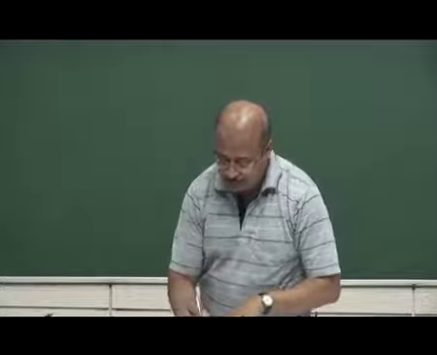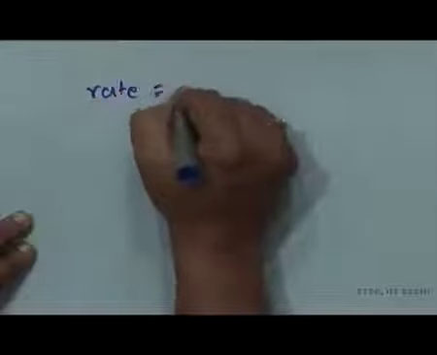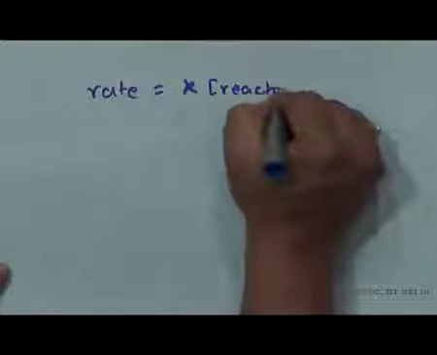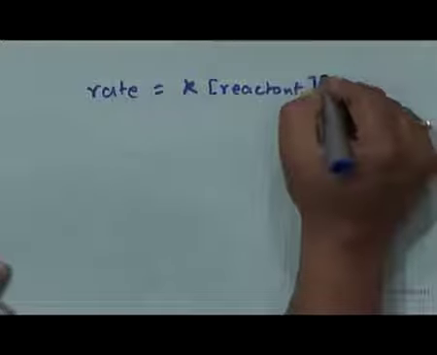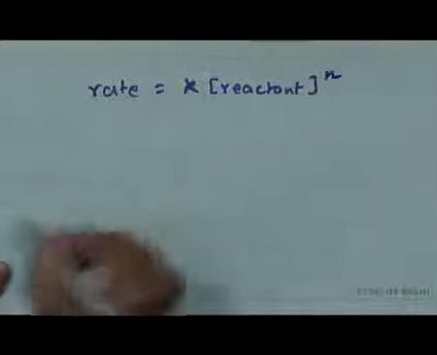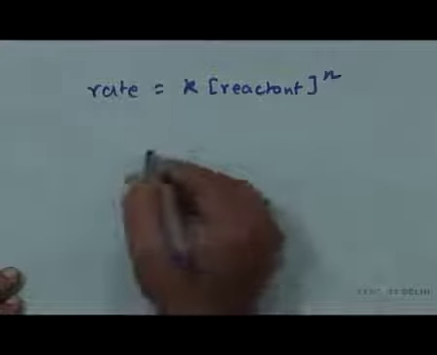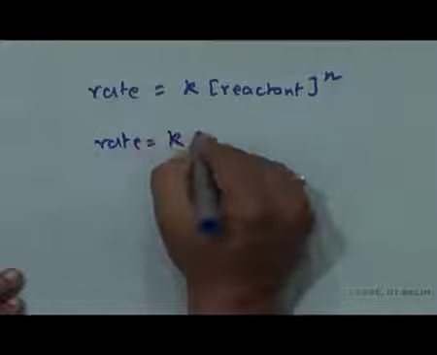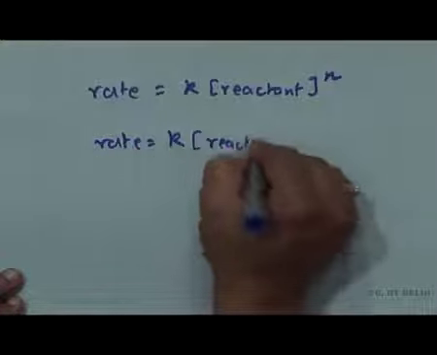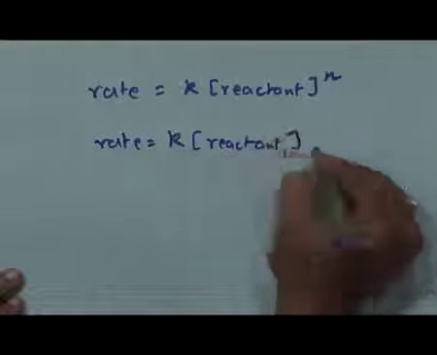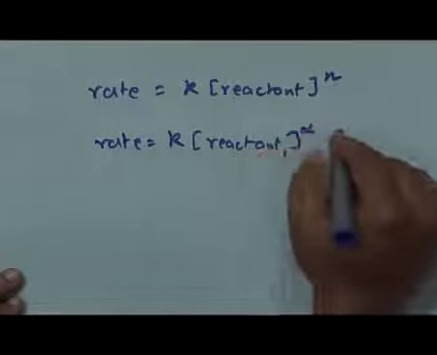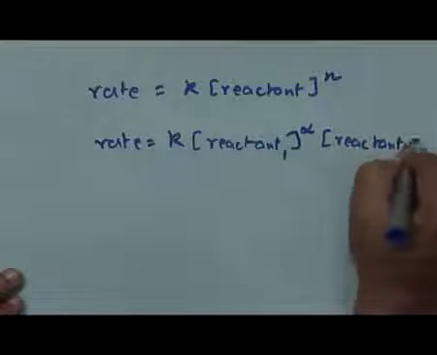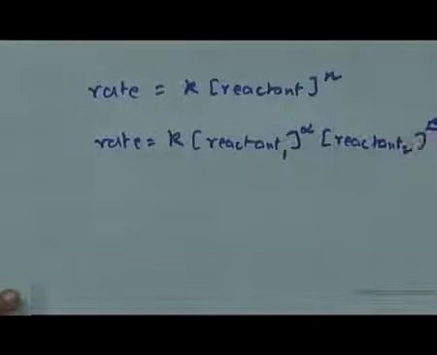Say rate is equal to K times reactant raised to the power n, or we can write rate is equal to K times reactant 1 raised to the power alpha, then reactant 2 raised to the power beta.